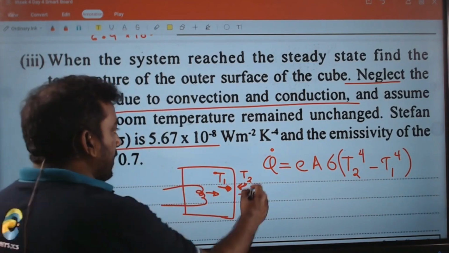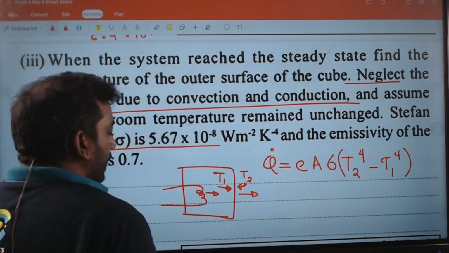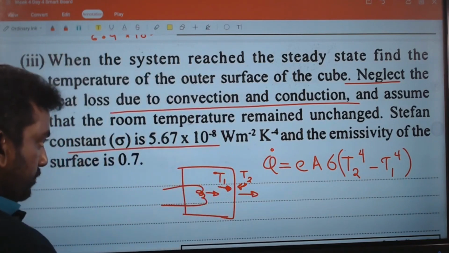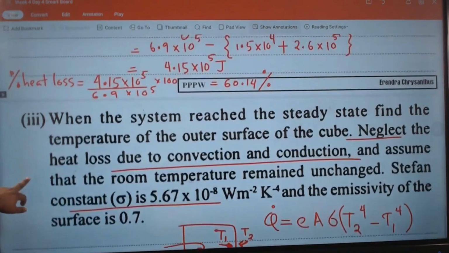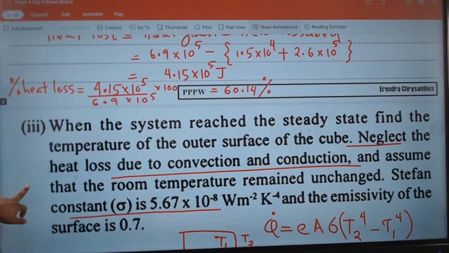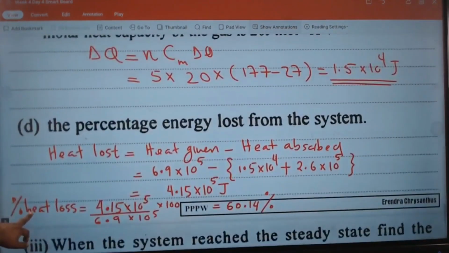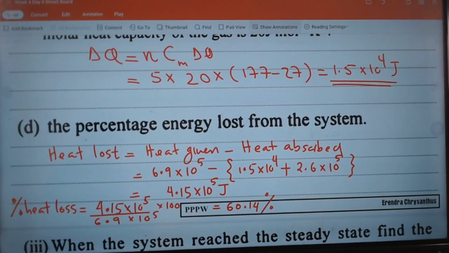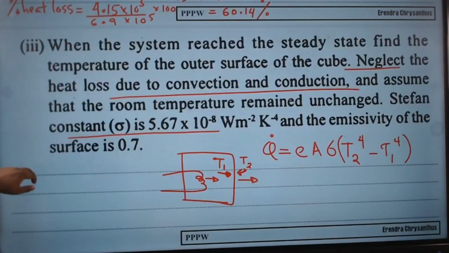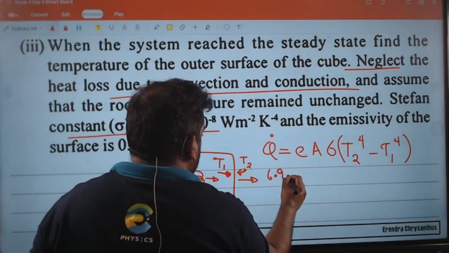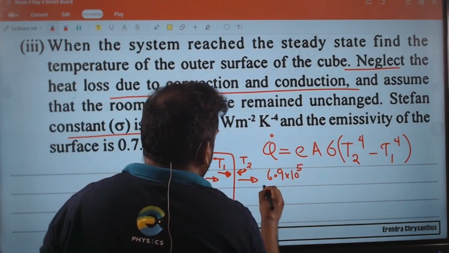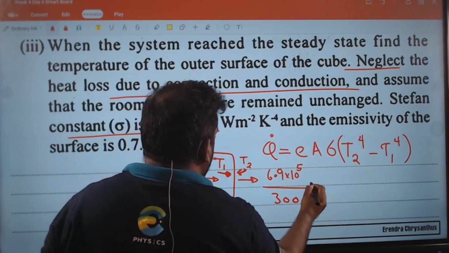So the rate of heat loss, simplify the relationship. The rate at which heat is supplied: heat given is 6.9 10 to the power 5 in 5 minutes, that is 300 seconds.